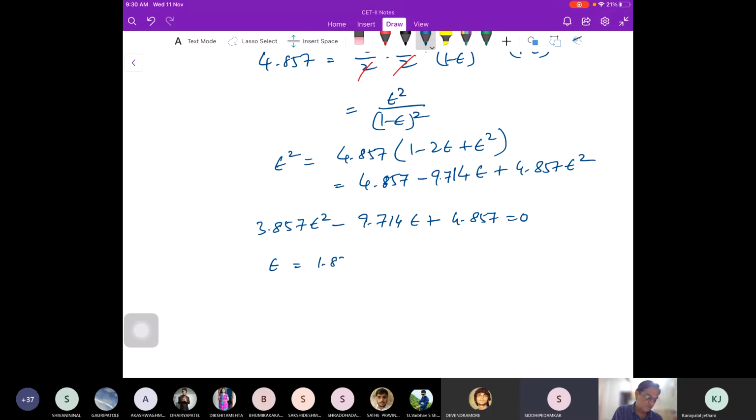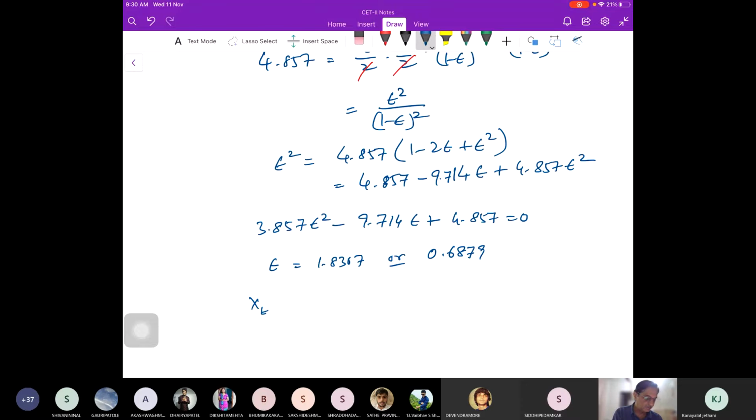1.8307 and 0.68779. Okay, so you get two values for this. So we can try both. We will find out the conversion, x of ethanol.